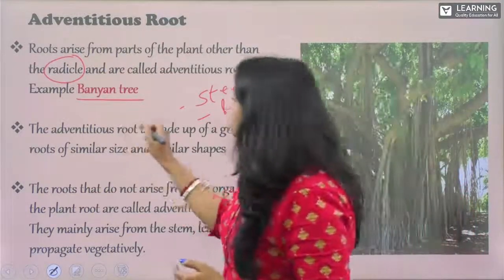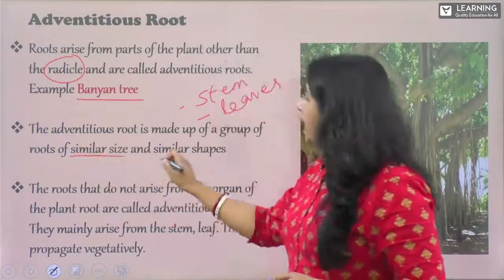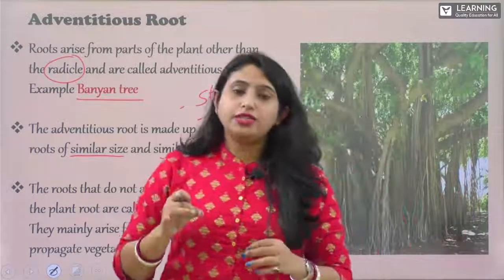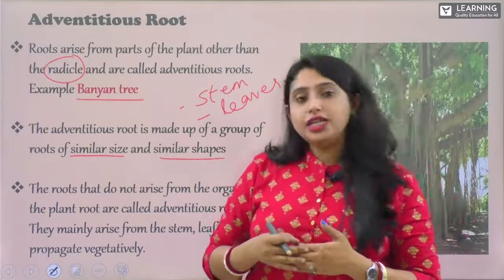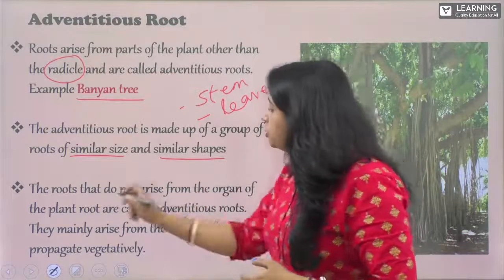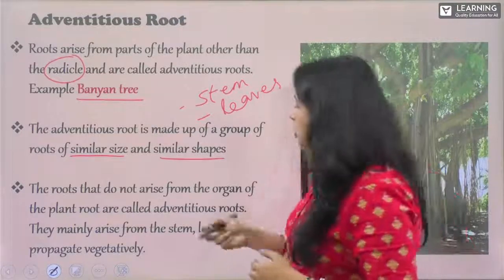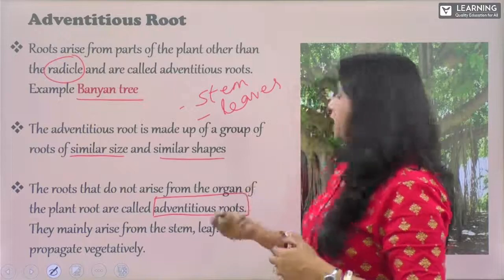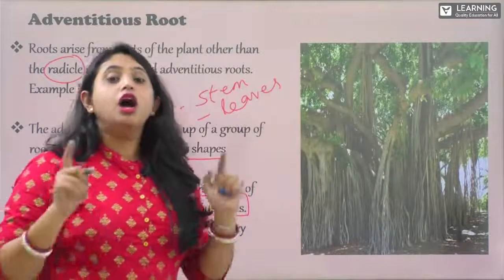The adventitious root is made up of a group of roots of similar size and similar shapes. The roots that do not arise from the root of the plant are called adventitious roots. As I have already said, these are the roots which will not arise from the root.